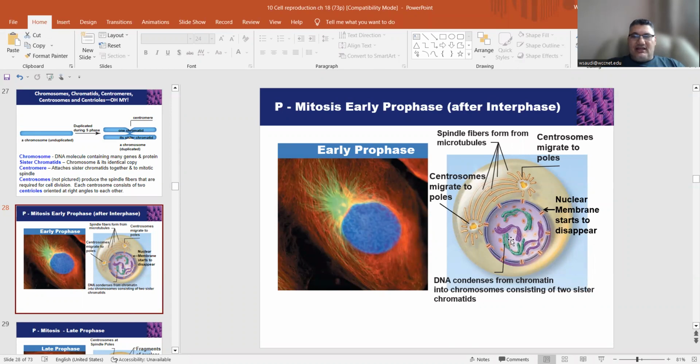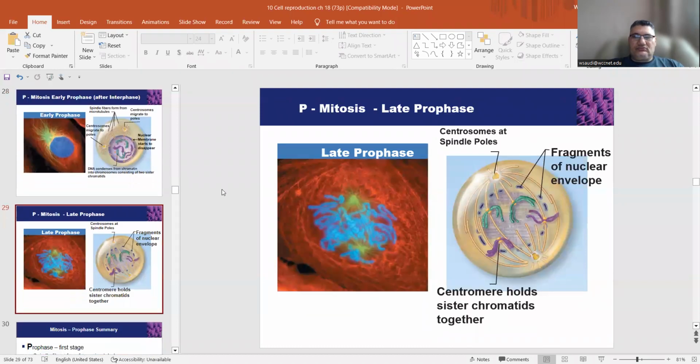And the third one is the DNA changing from chromatin to chromosome, meaning it condenses. And it makes the two sister chromatids. The duplication is already there, but now you have two sister chromatids. Then in late prophase, still prophase, whatever remains of the nuclear envelope or membrane will go away.